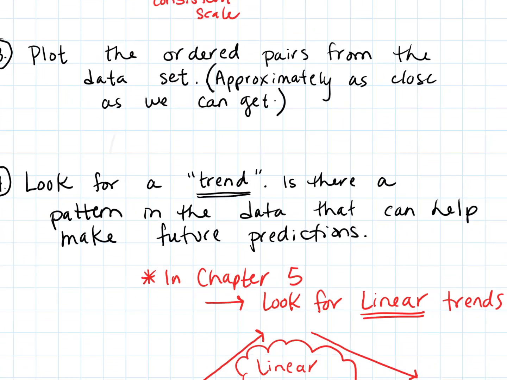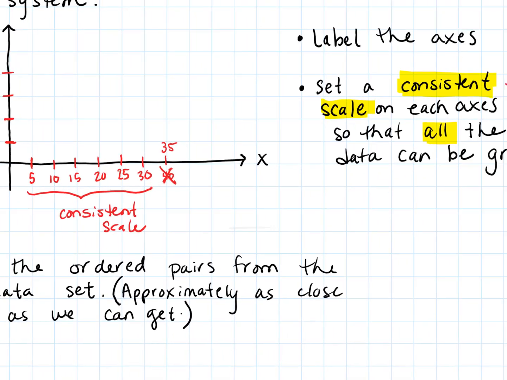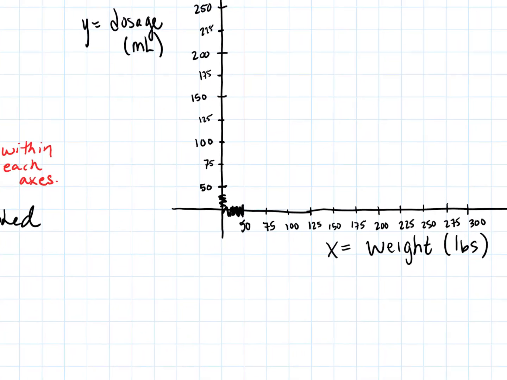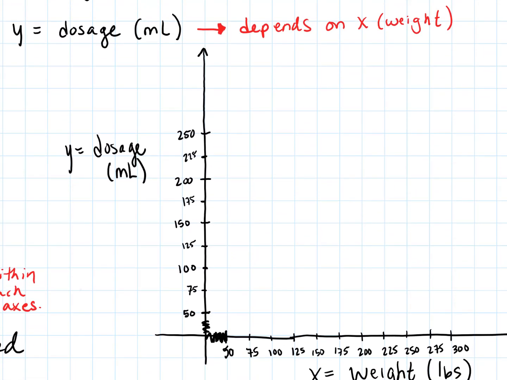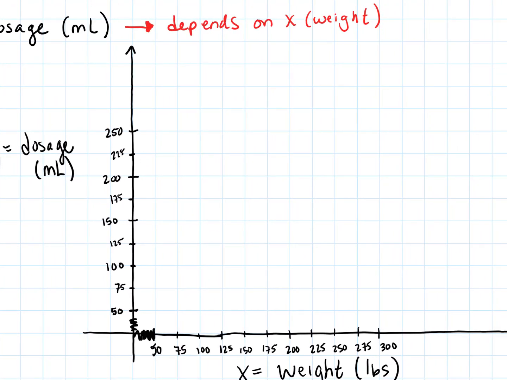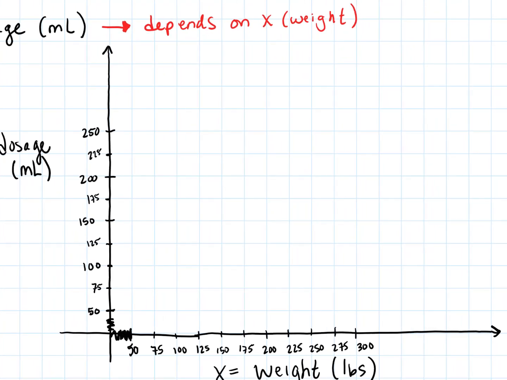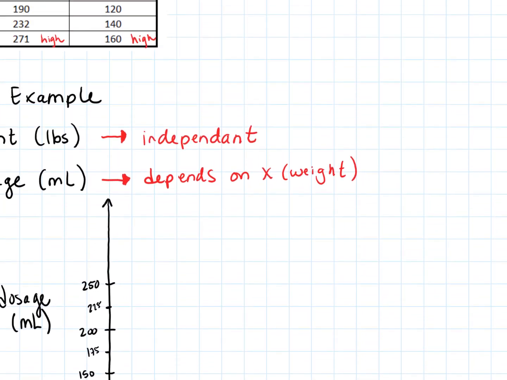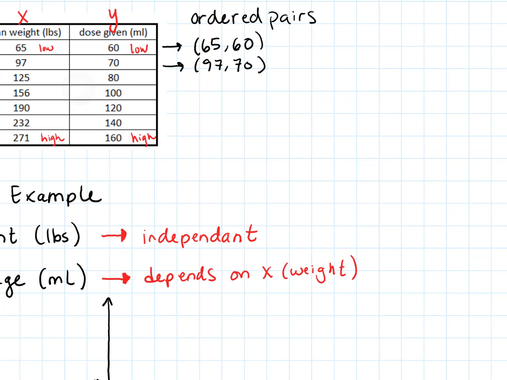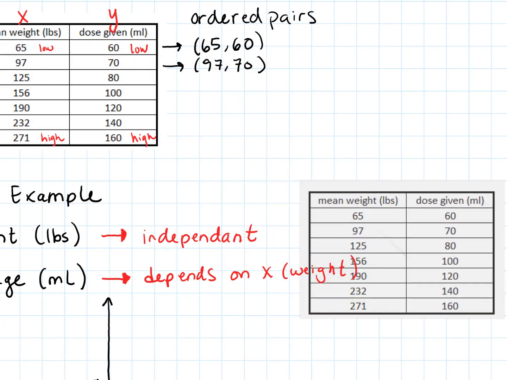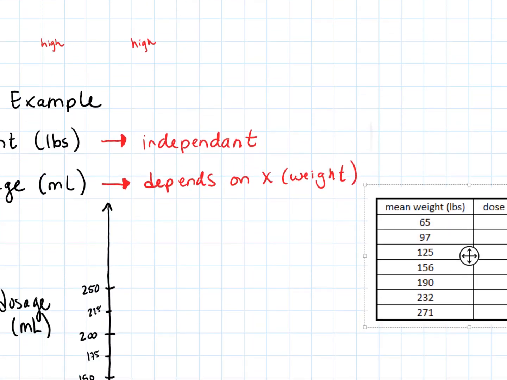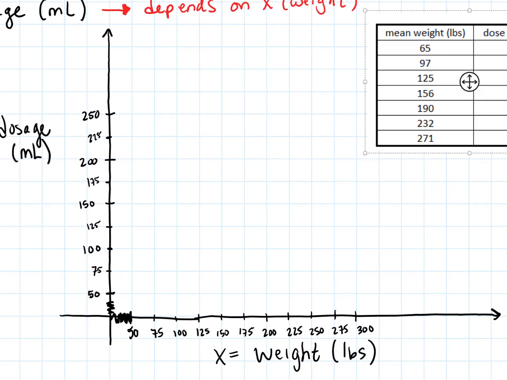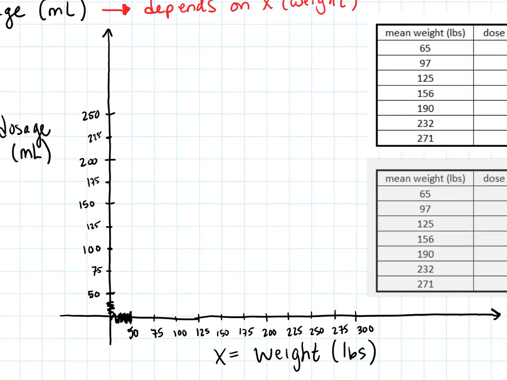Okay, so let's go back and actually get our graph plotted for that dosing example. So here is our dosage example. We've got the scale, and now I just need to plot the ordered pairs. I think it would be a lot easier if we had this down below, so I'm going to scooch this over here so we can use it.